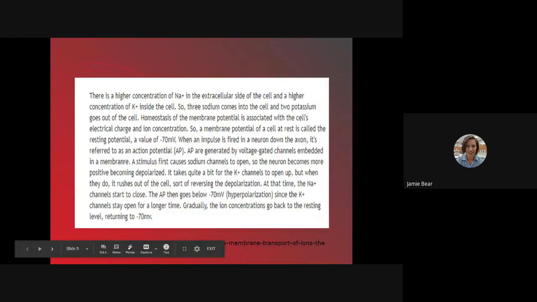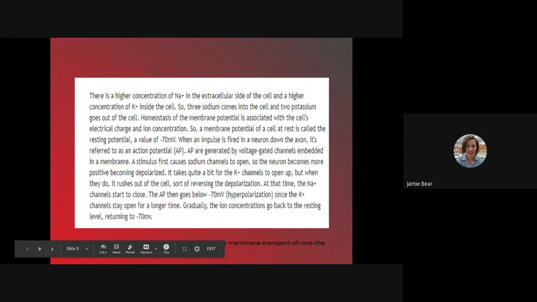There is a higher concentration of sodium on the extracellular side of the cell and a higher concentration of potassium inside the cell. So 3 sodium come into the cell and 2 potassium go out of the cell against the gradients. Homeostasis of the membrane potential is associated with the cell's electrical charge and ion concentration.